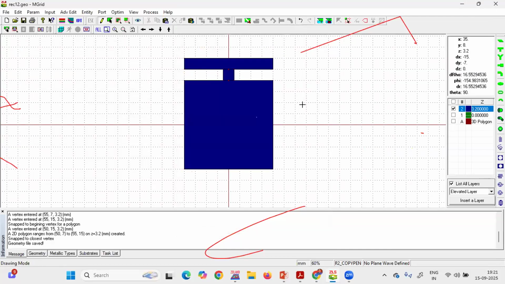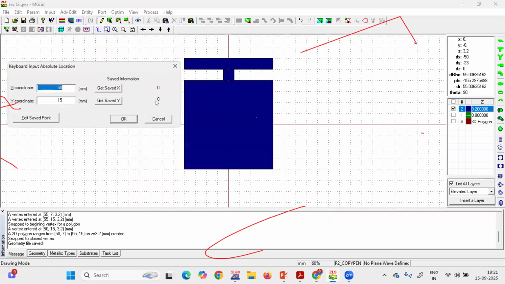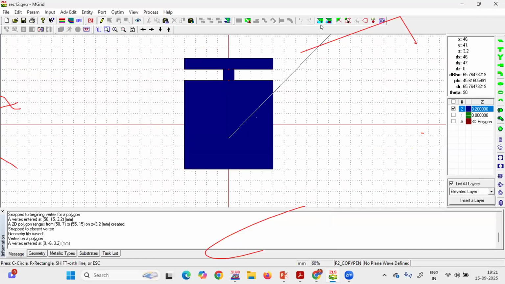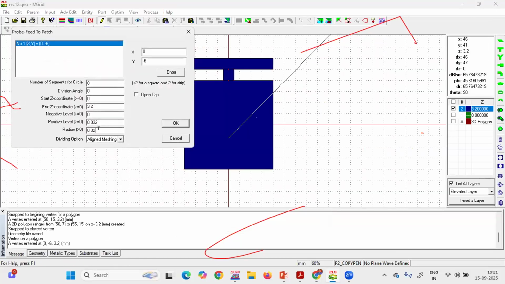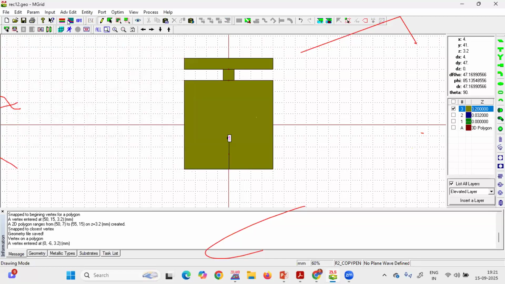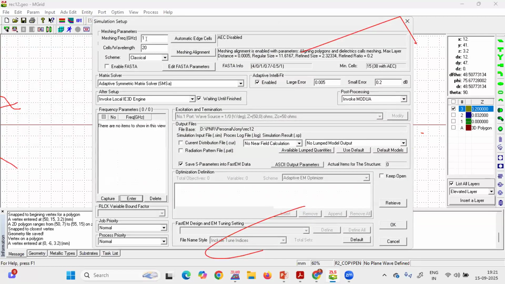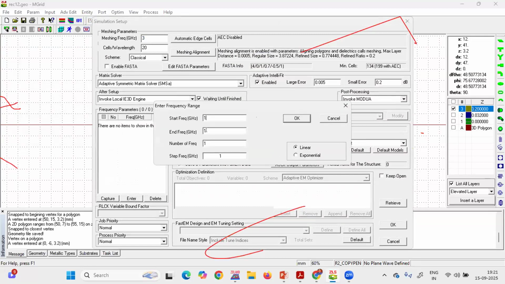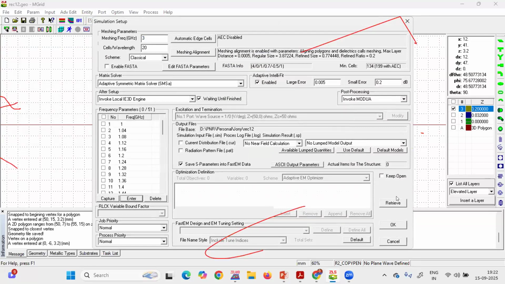Now let me see at what frequency it operates. This is the way I'm trying to show you how the frequency can be modified, can be changed by controlling the switch.